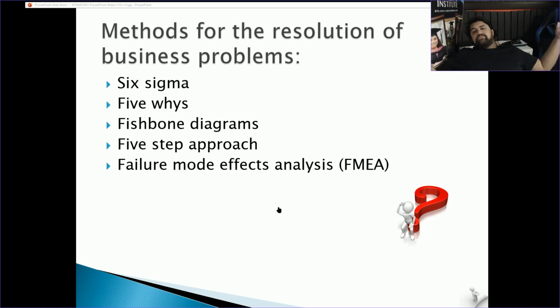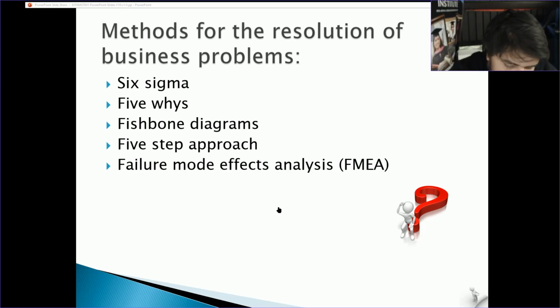Why is that exact problem happening? Then why? So it's just why, right? So you then ultimately end up at a core problem when you keep asking questions, right? So you want to ask those 5 questions there. Okay.